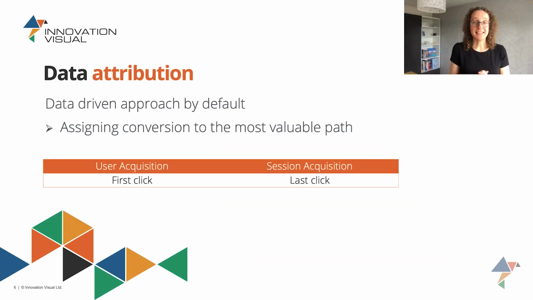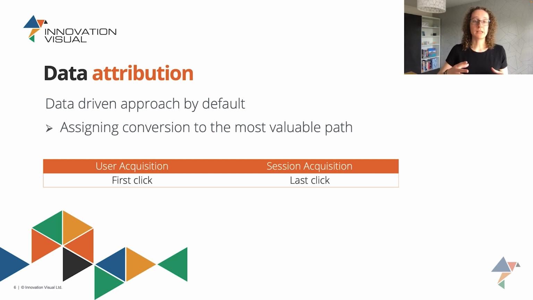Okay, data attribution. So again, another difference between Universal Analytics and GA4 is the attribution. Universal Analytics was mostly last click. Now GA4 is data-driven, which means that it will assign conversions to the most valuable path.